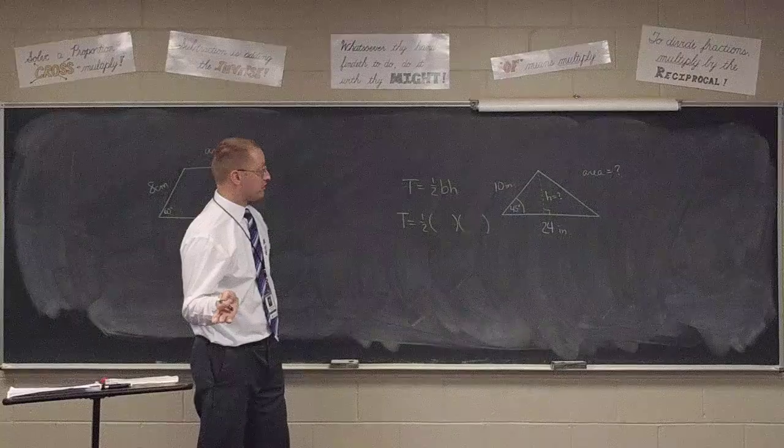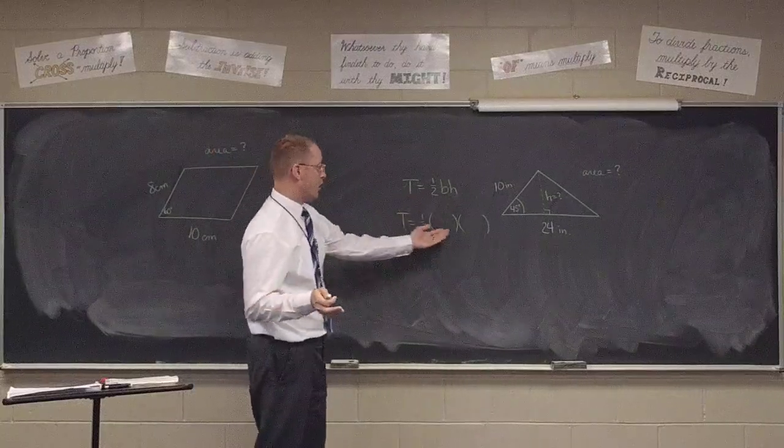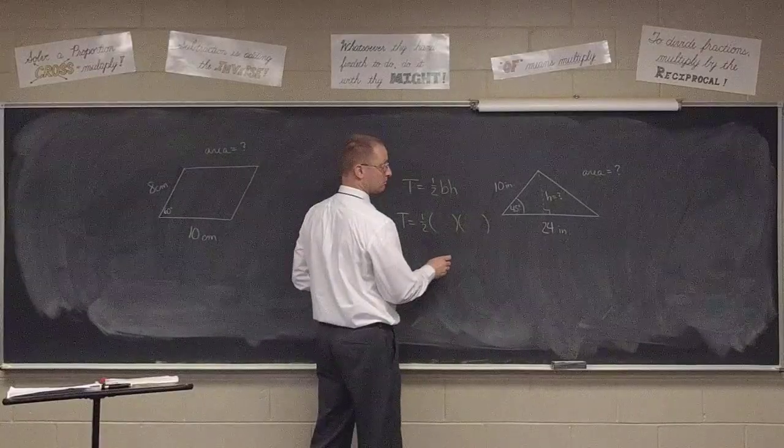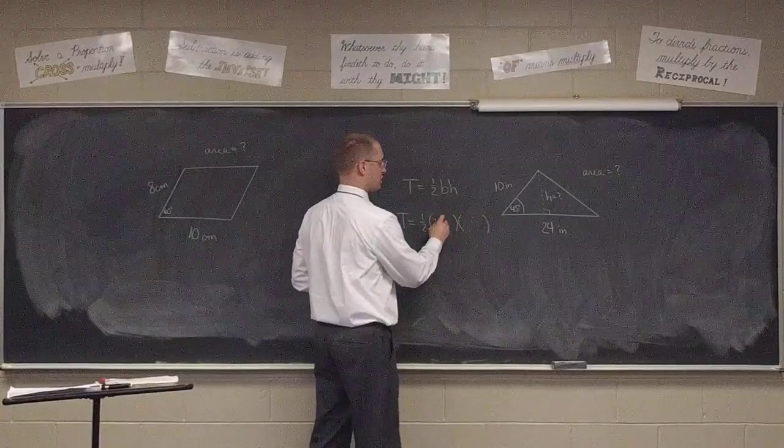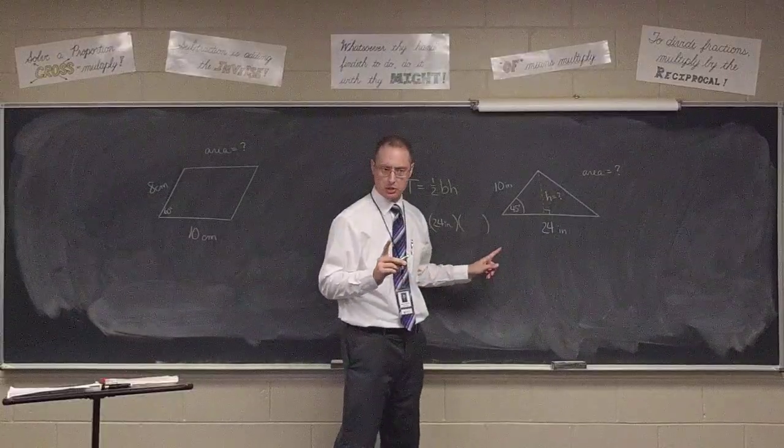Hopefully you recognize that to find the area, you need to have base times altitude. Well, I know the base, class, 24 inches. That was clearly spelled out. But the altitude wasn't even in the picture.